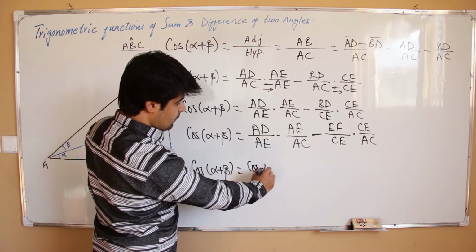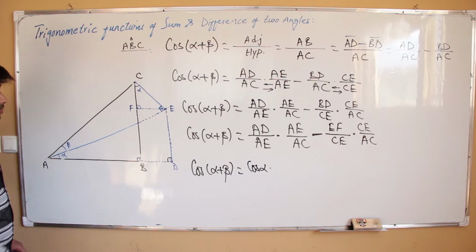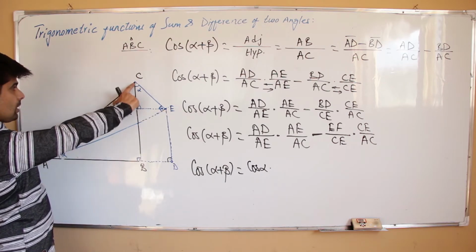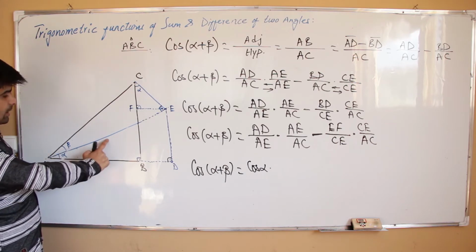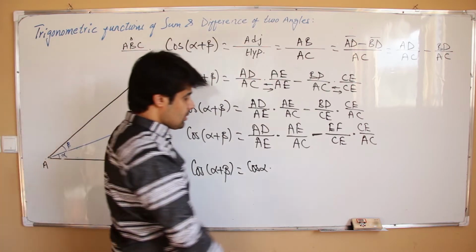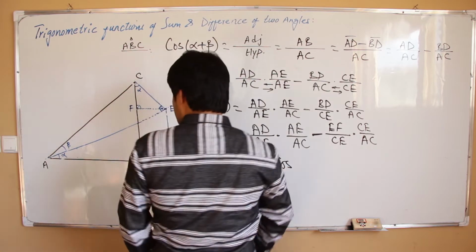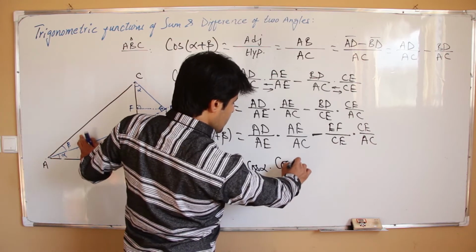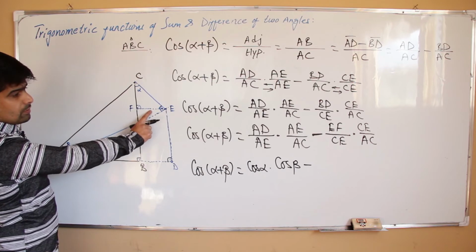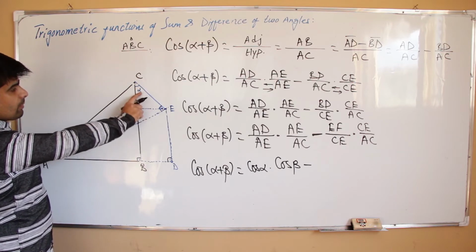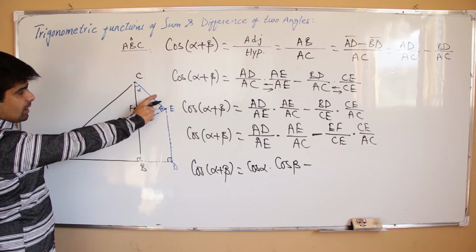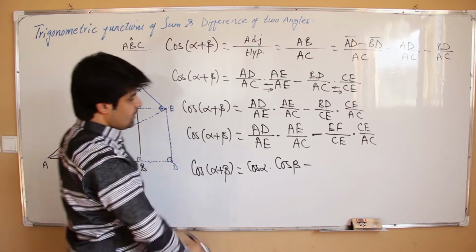Cosine of alpha, multiplied by AE by AC. In the beta triangle, AE is adjacent and AC is hypotenuse. Adjacent by hypotenuse, I think it is again cosine. Cosine for which angle? Beta. Minus EF by CE. I think opposite divided by hypotenuse. Opposite divided by hypotenuse, it is sine. Sine of which angle? Alpha.